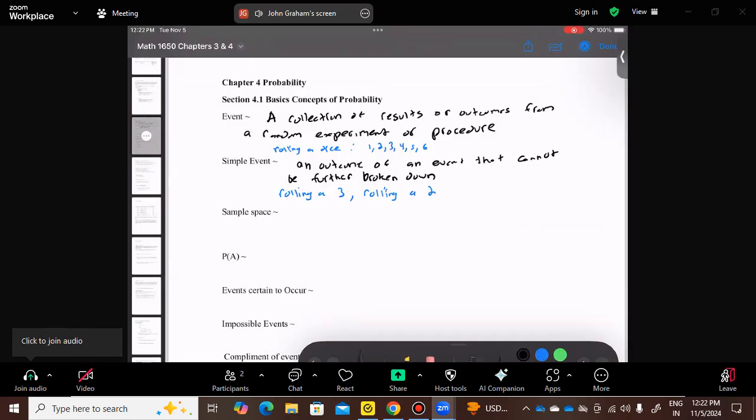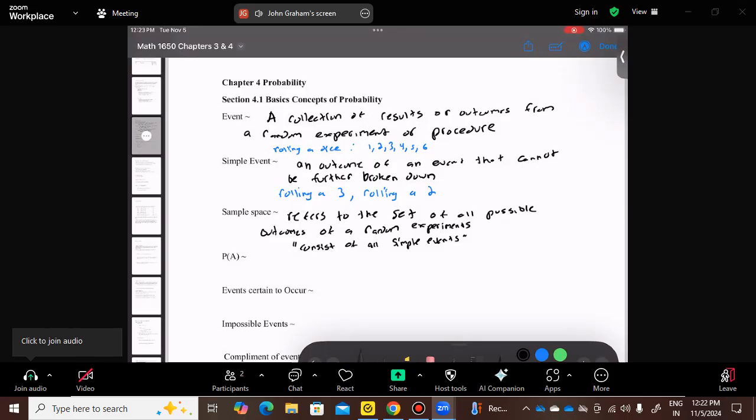Sample space refers to the set of all possible outcomes of a random experiment. It consists of all simple events.